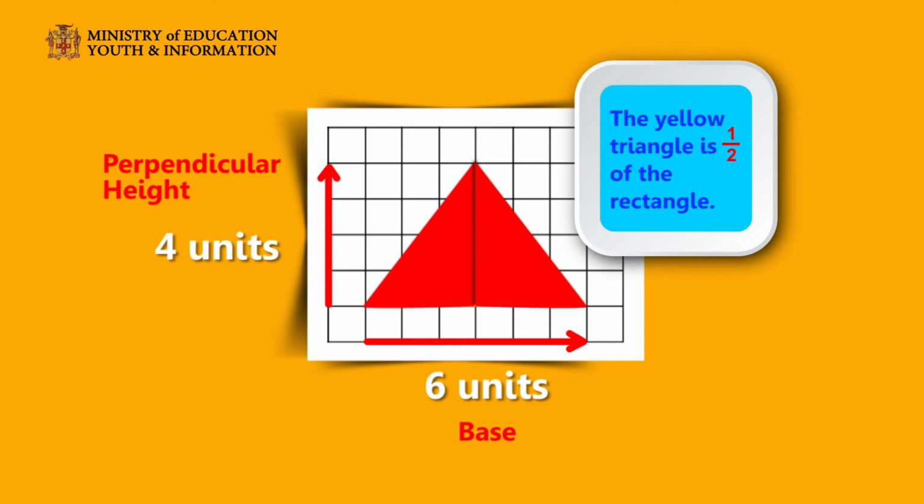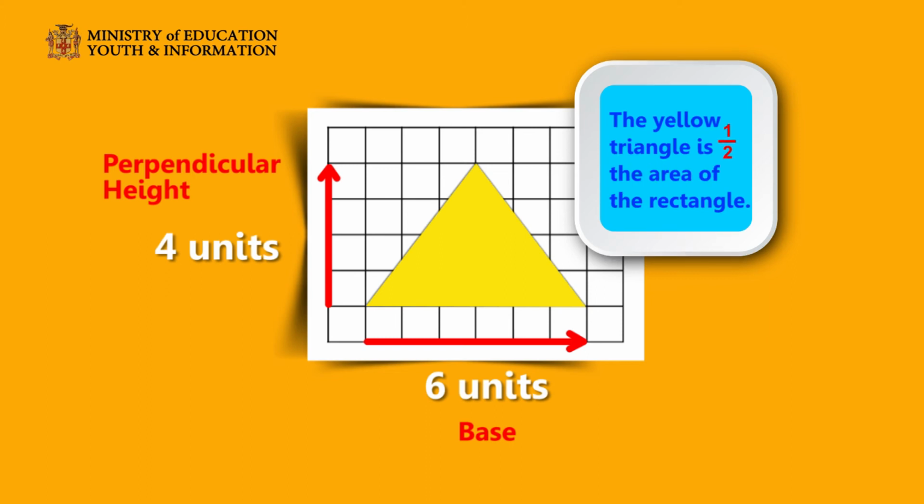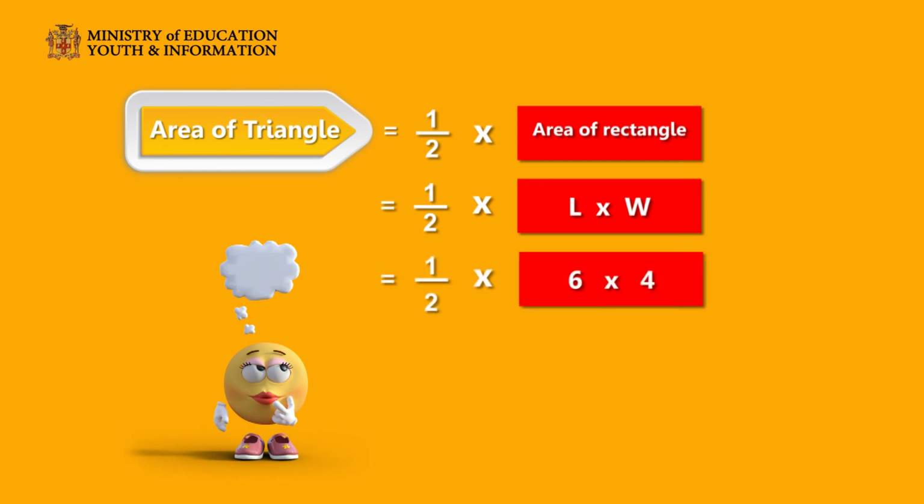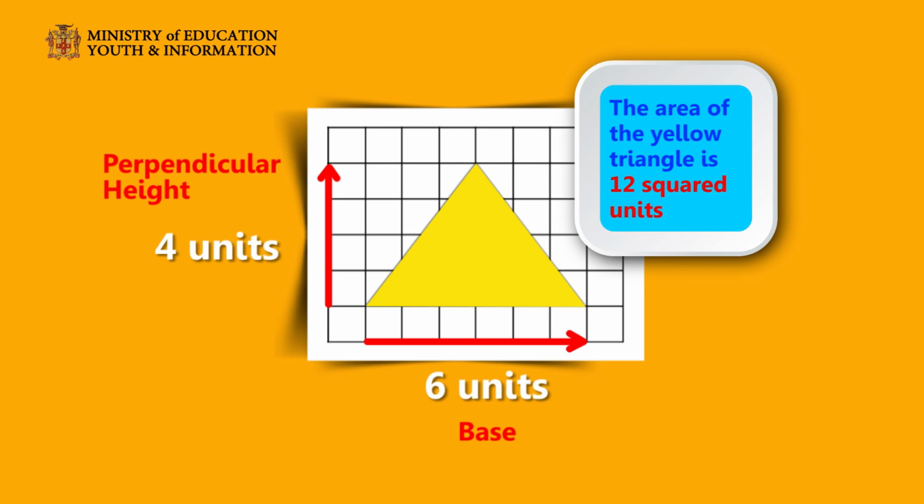You would have realized that the two red triangles completely overlay the yellow triangle, which means they have the same area. So, the yellow triangle is half the area of the rectangle. So, the area of the yellow triangle is 12 square units.